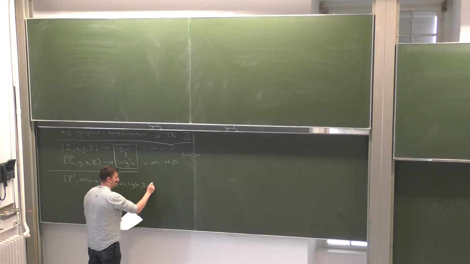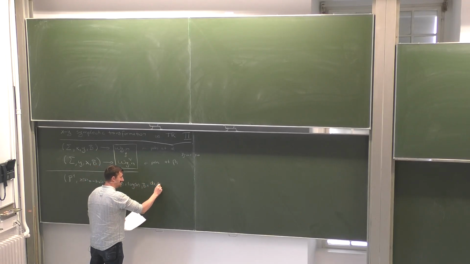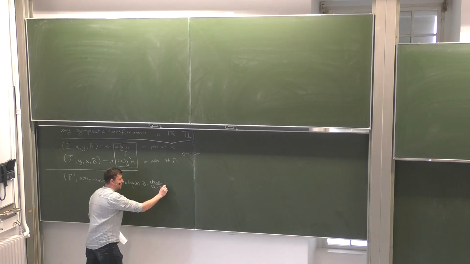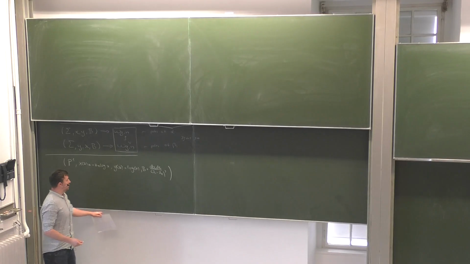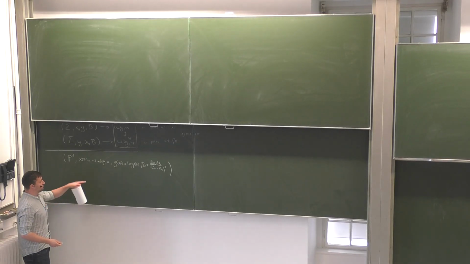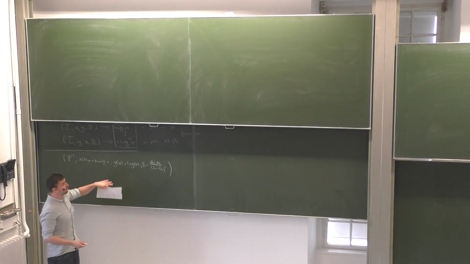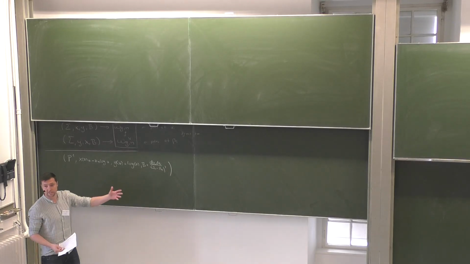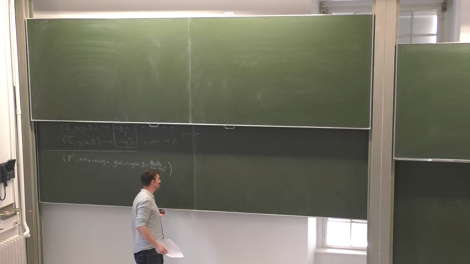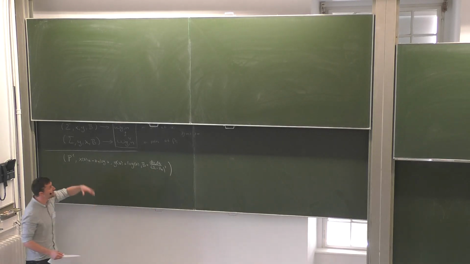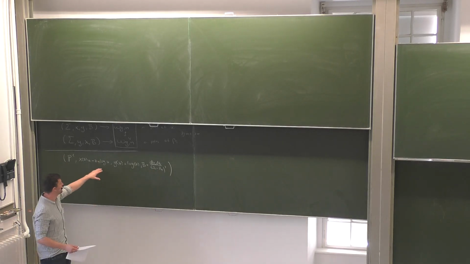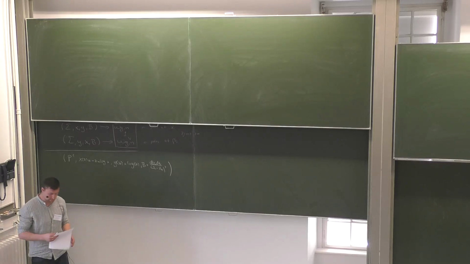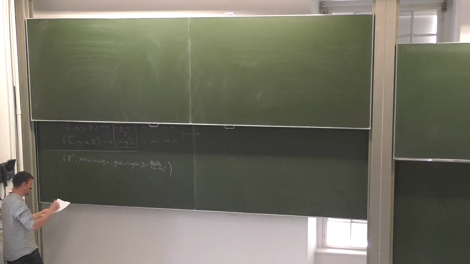And B was dz1 dz2 over (z1 minus z2) squared. This example does not fit in the spectral curve I defined yesterday because we have logarithms. I talked yesterday about meromorphic things. But you can play this game of topological recursion also by allowing logarithms. So this is actually fine for this algorithm.